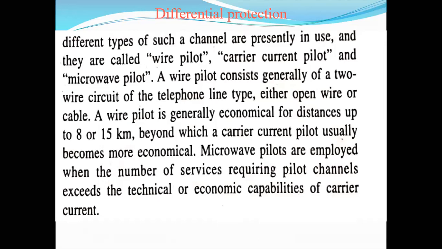In that case, we are using the carrier current pilot wire or the carrier current differential protection for feeder lines. This type of protection system is suitable only for 8 to 15 kilometers. After that, we are using the carrier current pilot wire differential protection.